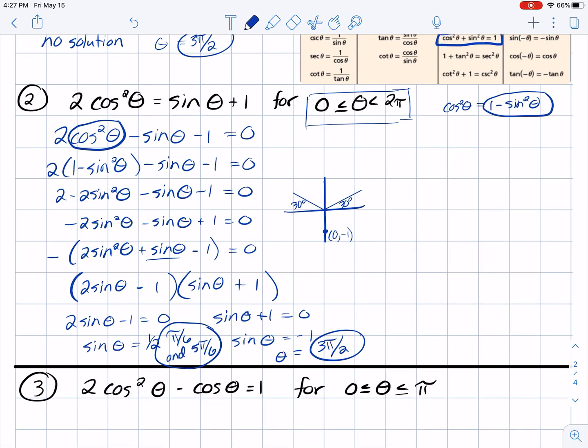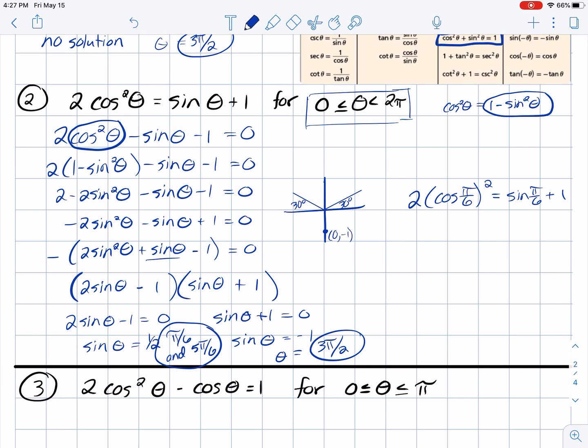Let's plug in pi over 6. So that would look like this. 2 times the cosine of pi over 6 squared equals sine of pi over 6 plus 1. Okay.